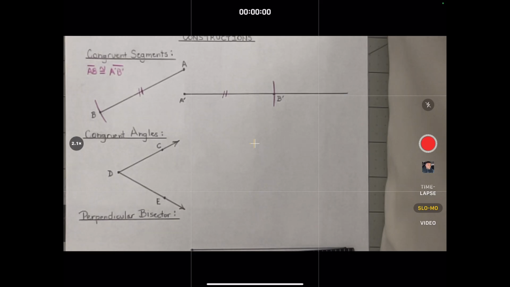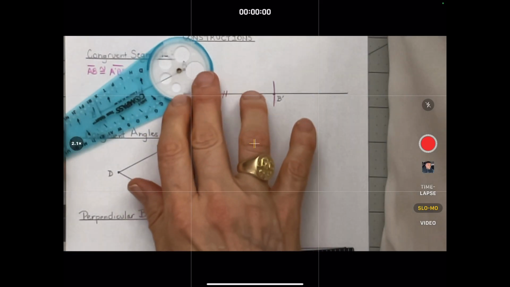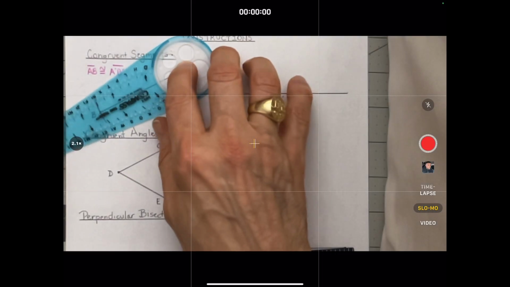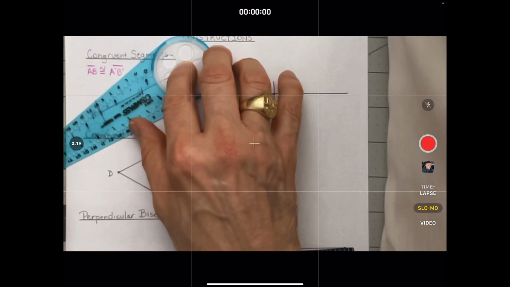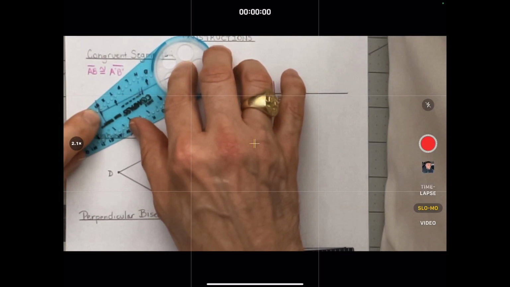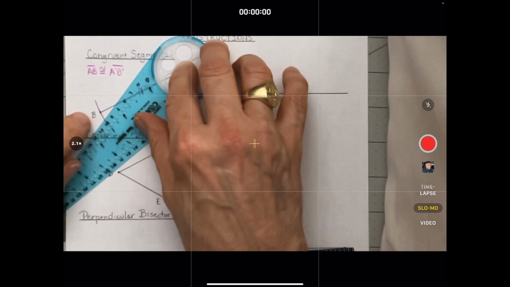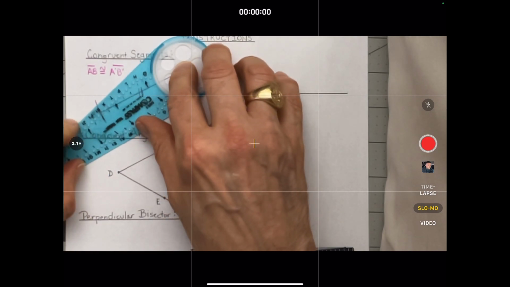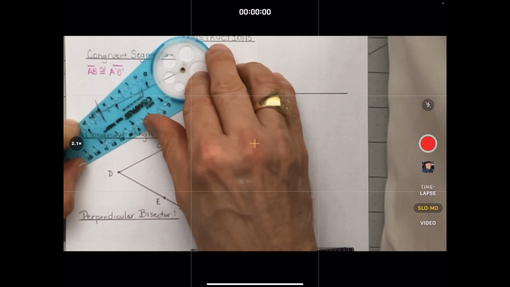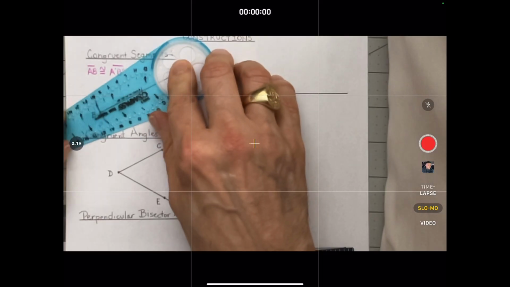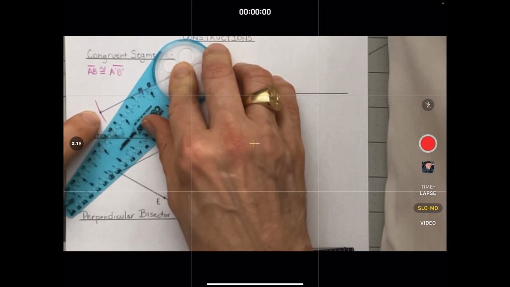What we did was we took our compass, we placed the pivot point on A, and then we found the hole that was going to be closest to where B is located, and we found that to be at B1. I drew my arc mark here with my colored pencil.